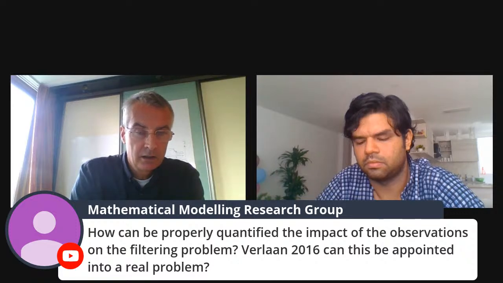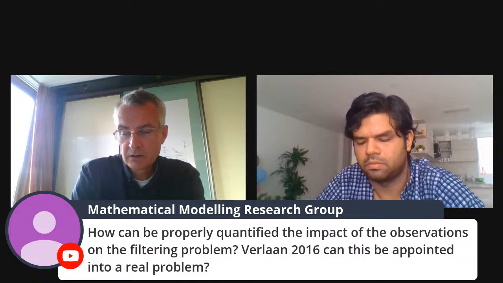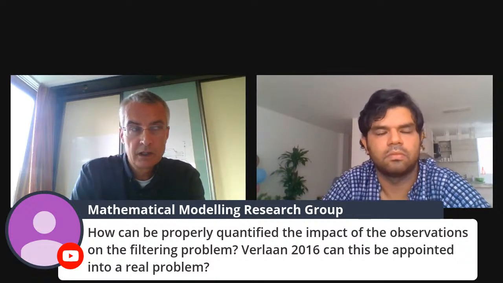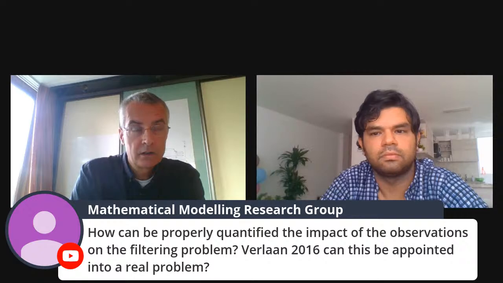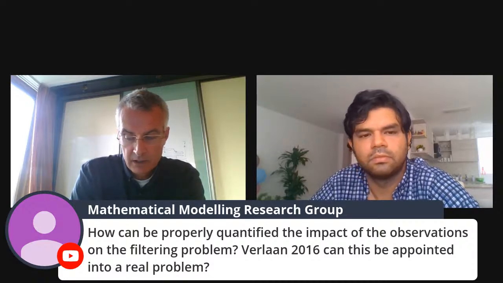And we've been working a little bit on that, where you try to use the equations of the optimization to see which observations are contributing in what amount to the accuracy of the forecast.